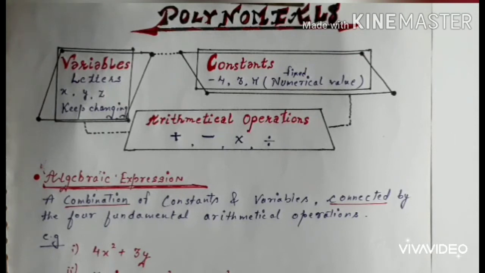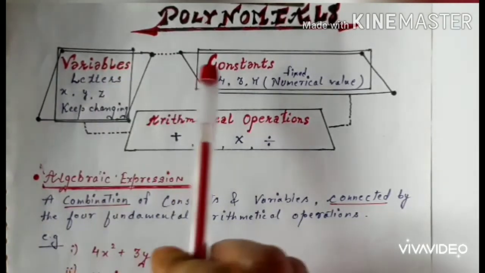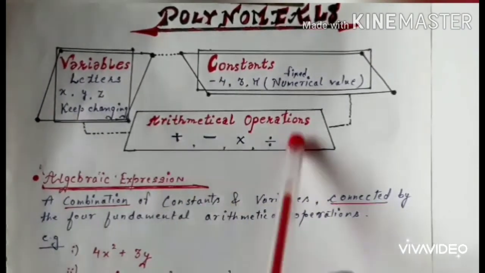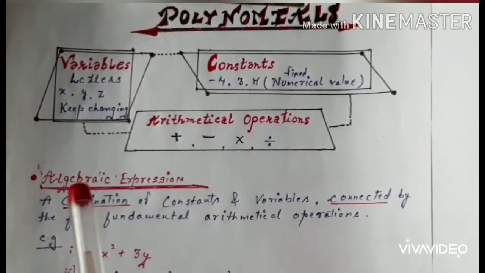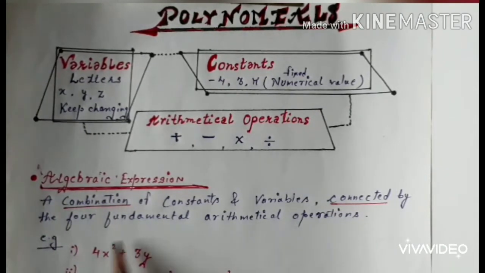An algebraic expression is a combination of constants and variables connected by the four fundamental arithmetic operations. Suppose we take 4x square plus 3y. This is an algebraic expression because it is a combination of variable and constant connected with arithmetic operations.